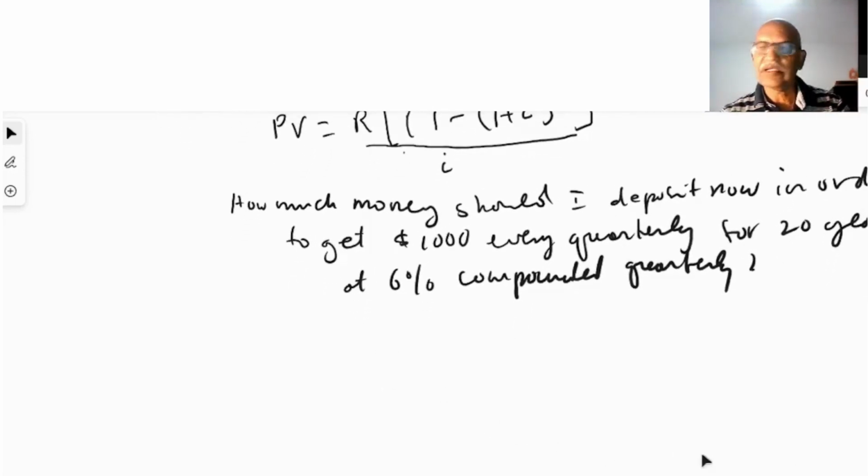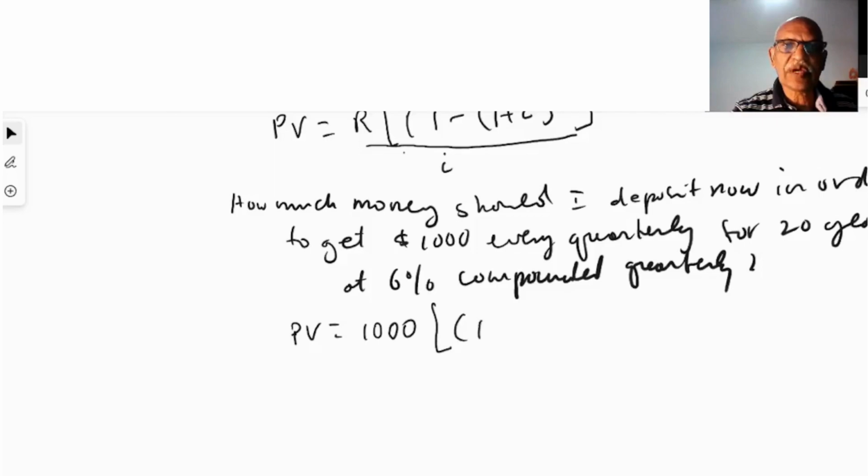Okay, so that means my unknown will be PV, my present value. Regular withdrawal means I'm withdrawing $1,000 regularly. So 1 minus (1 plus 0.06 divided by 4, since it's quarterly) to the power of minus n.